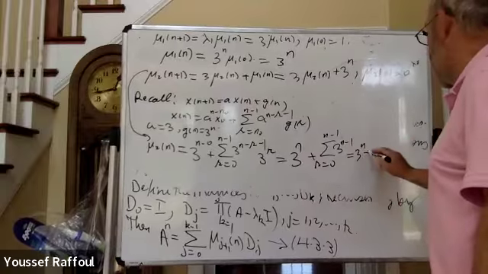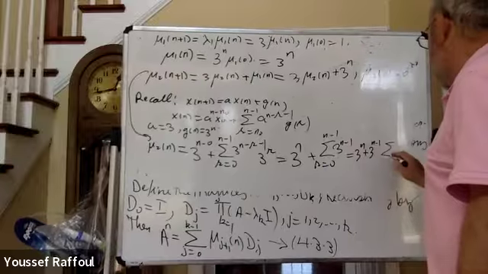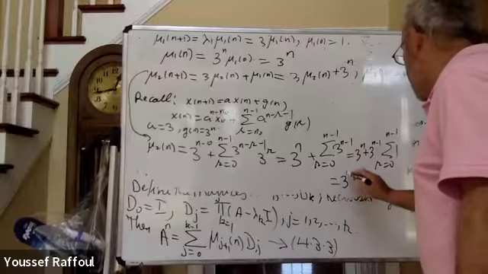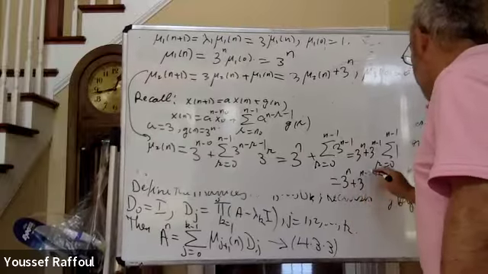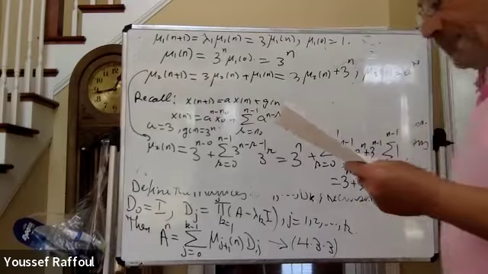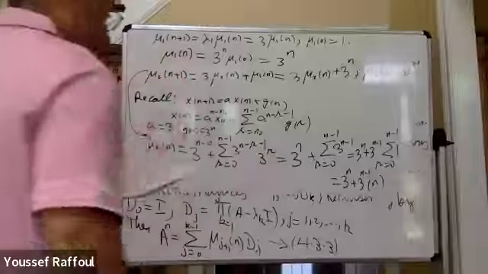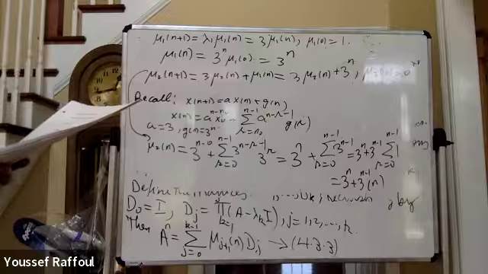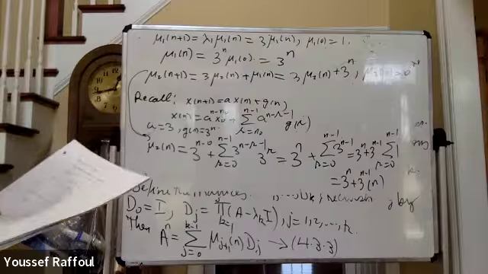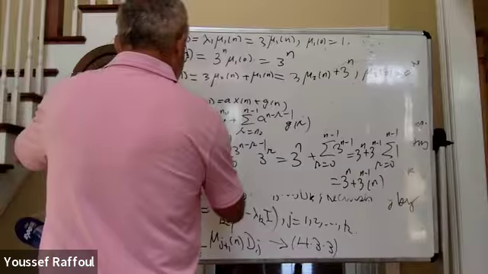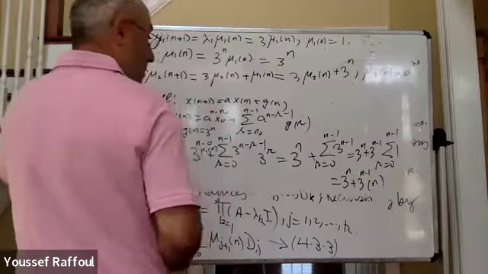That is 3 to the n minus 1 times n. Oh, I forgot to write mu2 of 0 here.